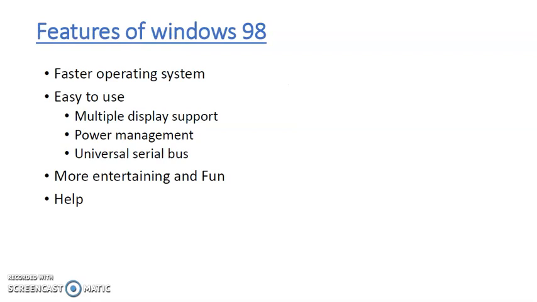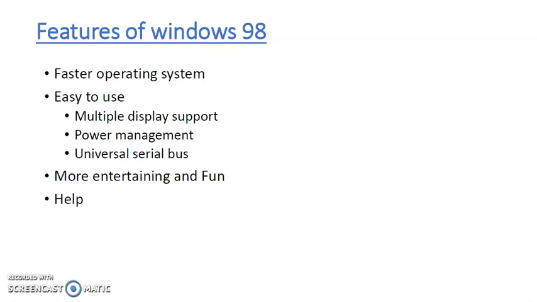The first one is a faster operating system. Means what? Windows 98 includes tools that help your computer run faster as compared to Windows 3.1 or Windows 95. Then the second one, easy to use.